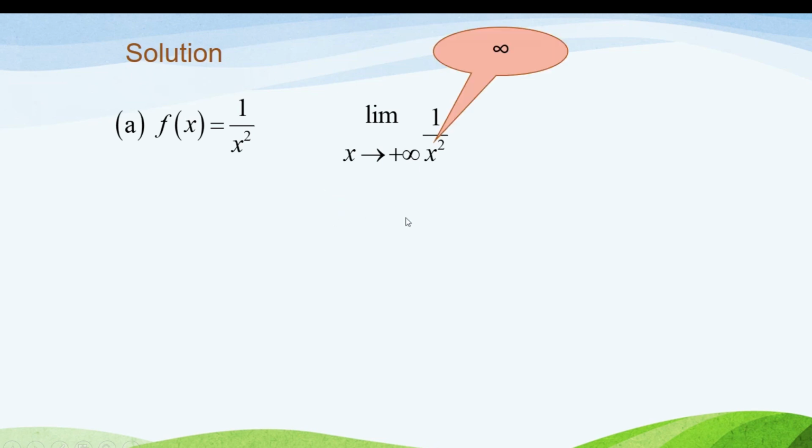We find the limit as x approaches positive infinity of 1 over x squared. We substitute infinity for x. We get 1 over infinity squared, and infinity squared is infinity. Okay, 1 over infinity, we know the answer is 0.